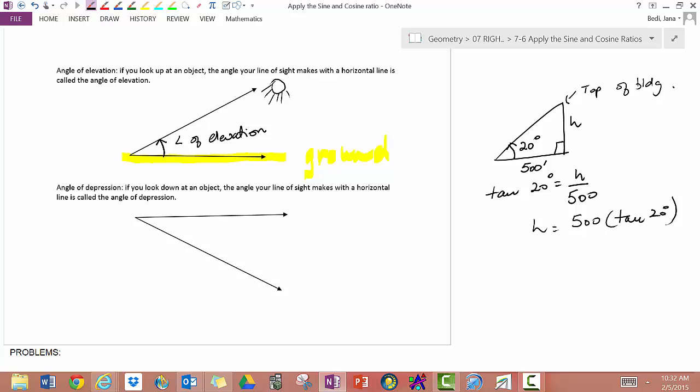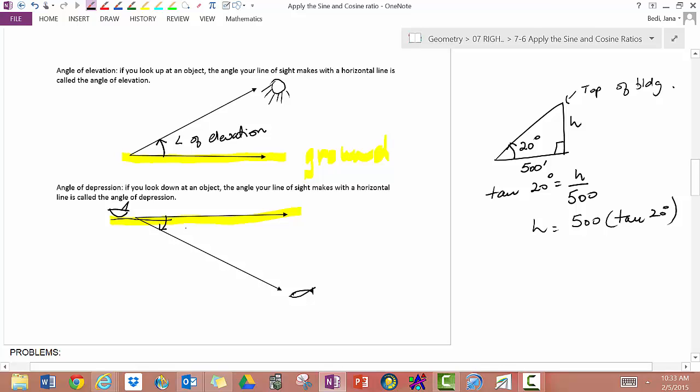Next, angle of depression. This time let's say you are in a boat. So this is my boat, and you're looking down at a fish in the water, or you could be at the top of a mountain looking down. This is your fish. This time you are going to be looking down at the fish.